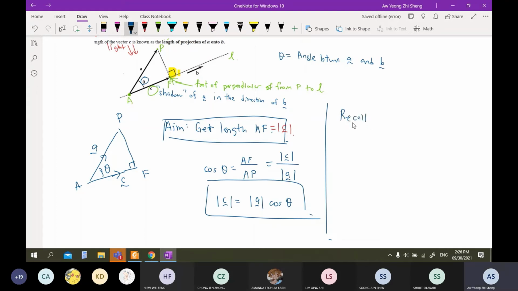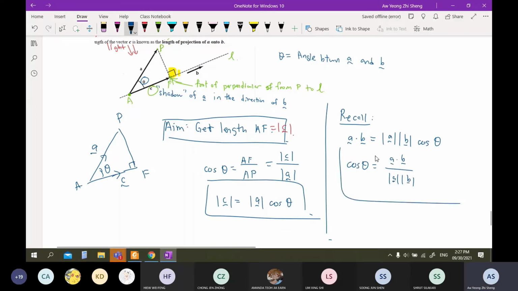Now, recall the alternative formula for dot product. What is A dot B? We have defined theta to be the angle between A and B, so we can safely use this as length of A times length of B times cos theta, where theta is the angle between vectors A and B. Okay. Now, if I make cos theta my subject, that will be A dot B divided by length of A, length of B. Okay. Now, it's time to do substitution. Sub this to replace cos theta.